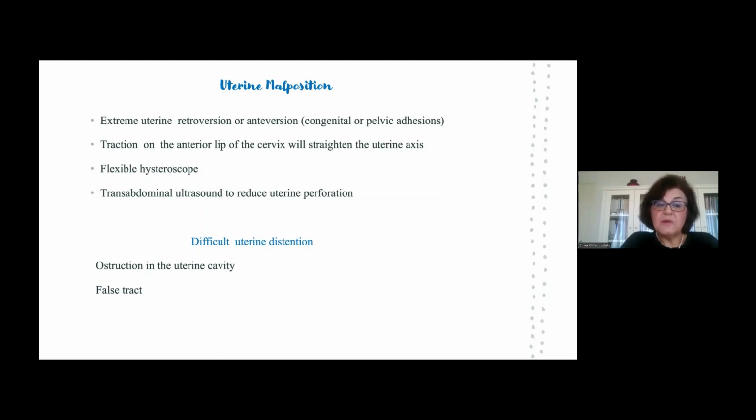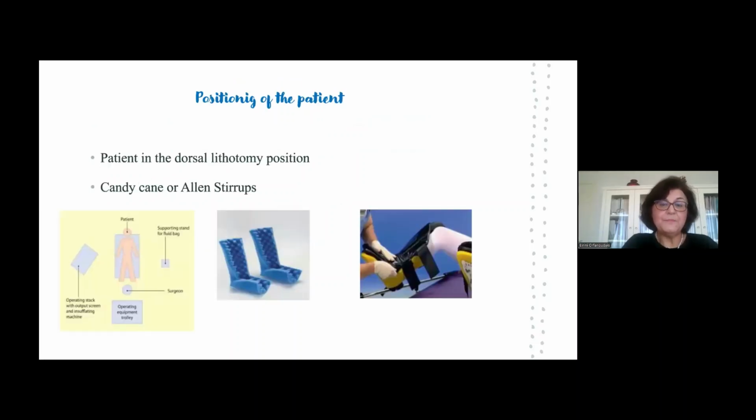We use a flexible hysteroscope and transabdominal ultrasound to reduce uterine perforation. If we have difficult uterine distension, we should consider obstruction in the uterine cavity or a false tract.